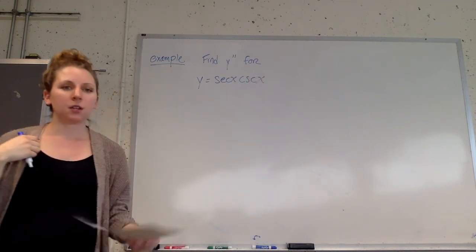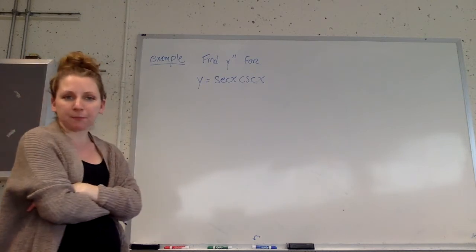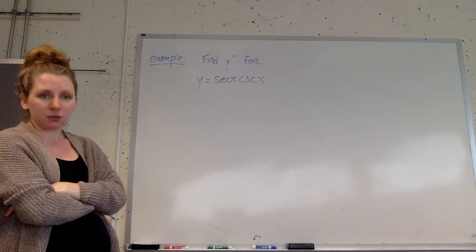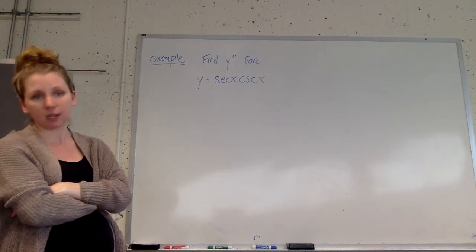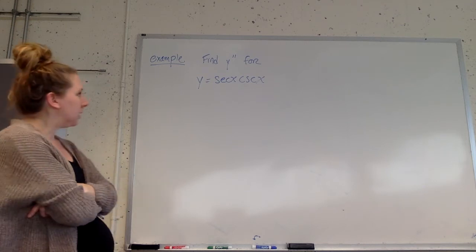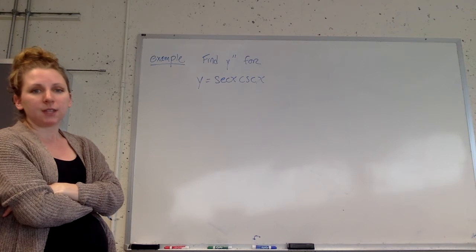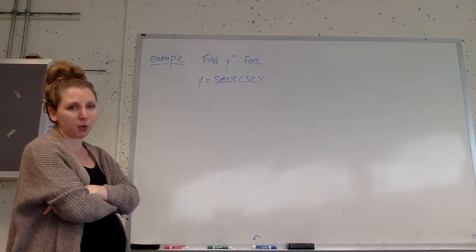So hopefully you've seen y double prime, you've read about it a little bit. We know how to find y prime. Y double prime is the second derivative. So you take one derivative, and then you take the derivative of the derivative to get y double prime. So here we want to find y double prime when y is equal to secant x times cosecant x. So we're going to have to use the product rule.